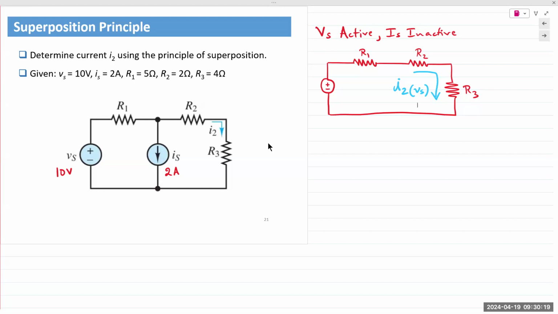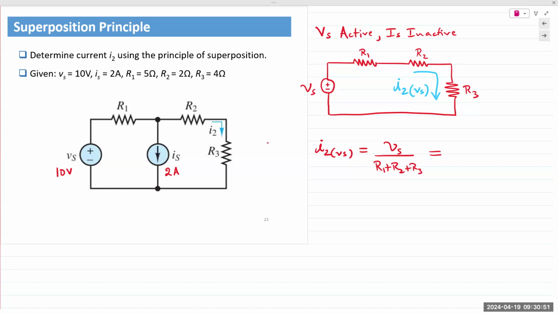So the circuit's gone from 2 sources with 2 meshes and 1, 2, 3, 4 nodes to a series connection of resistances. What do we see? Right? 3 resistors in series. So I can directly write I2 due to Vs is equal to Vs over my Req, which is R1 plus R2 plus R3.